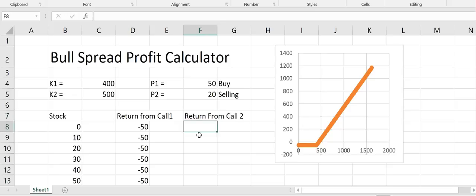For call 2, because we are selling the call, we will start with a profit of $20. So we'll have a similar formula.